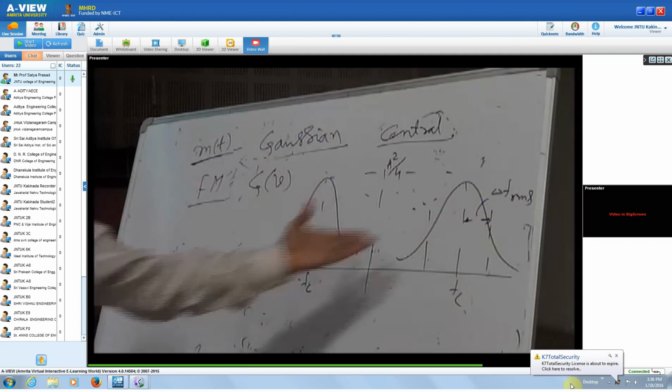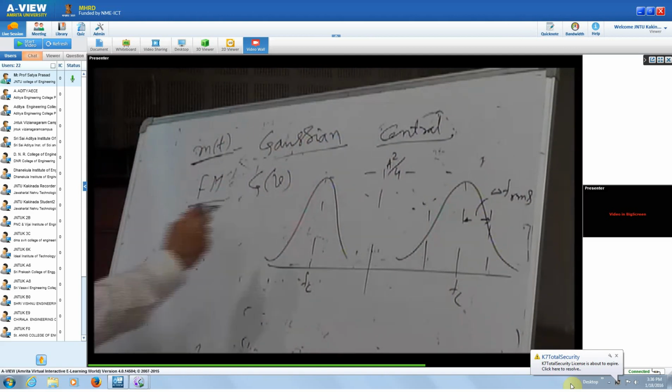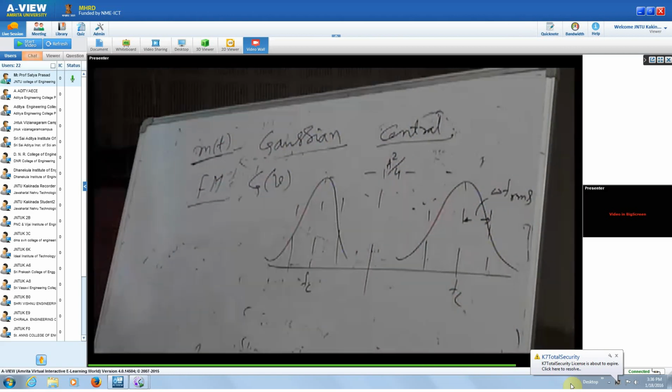So in your probability theory course you are going to calculate this. This is the Gaussian distribution that we are going to have.